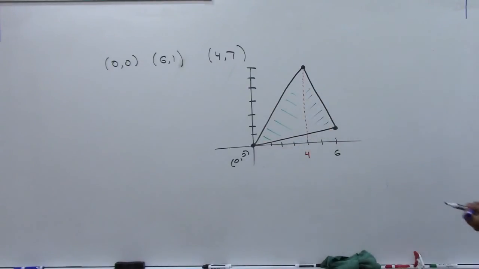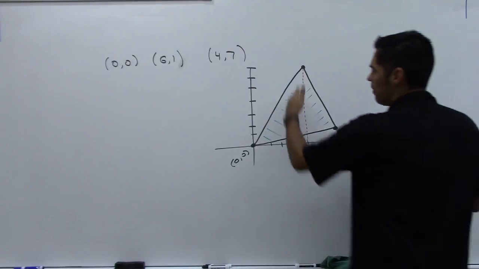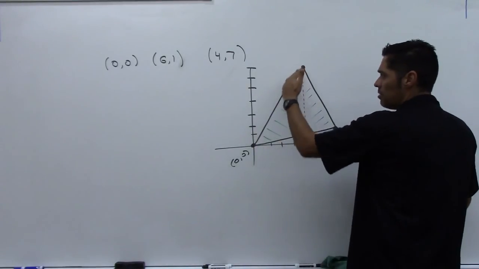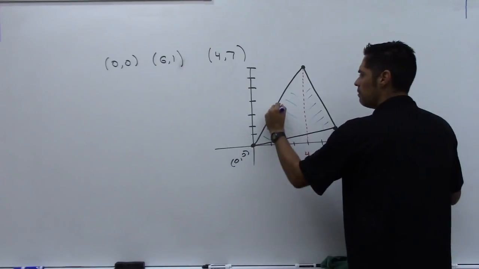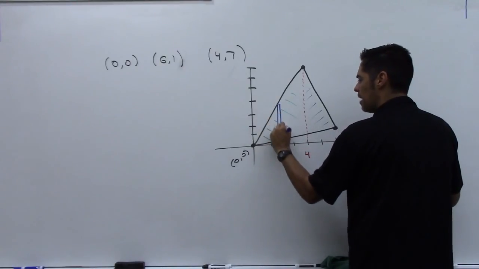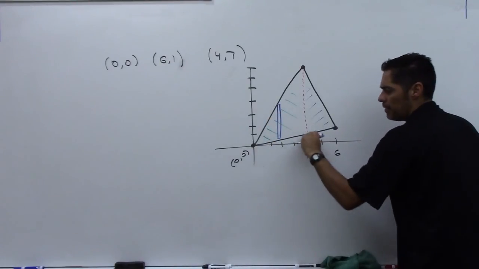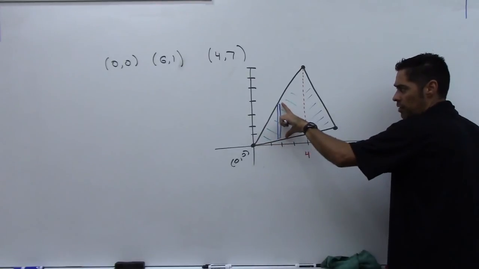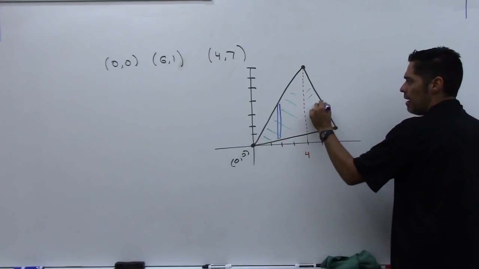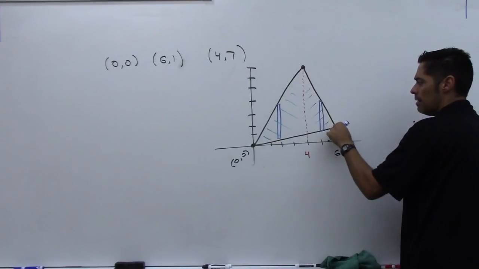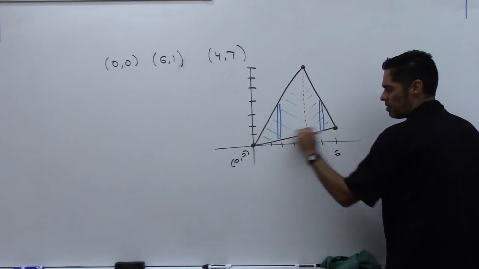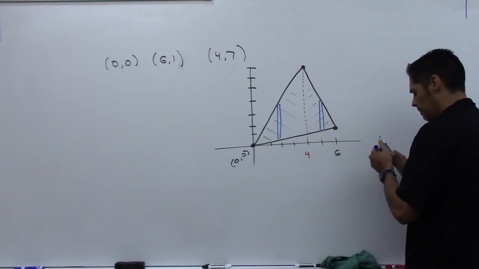In order to do it this way, I need to find the equation of this line so that can be my top function for the rectangles that are going to pass through here. And then I need to find the equation of this line, which will be my bottom function. And then over here, I'm going to have a different top function, which will be the equation of this line. And then the bottom function will still be this line, the same as it was over here.